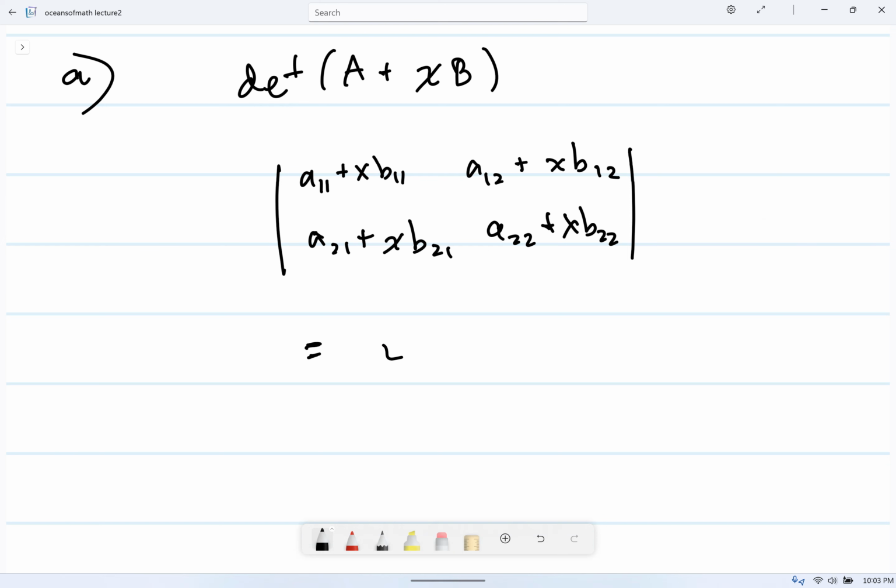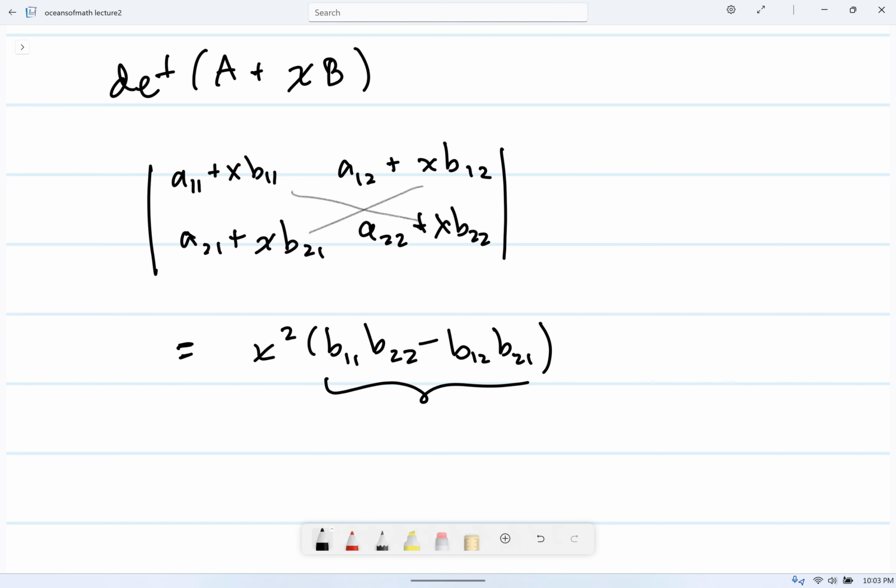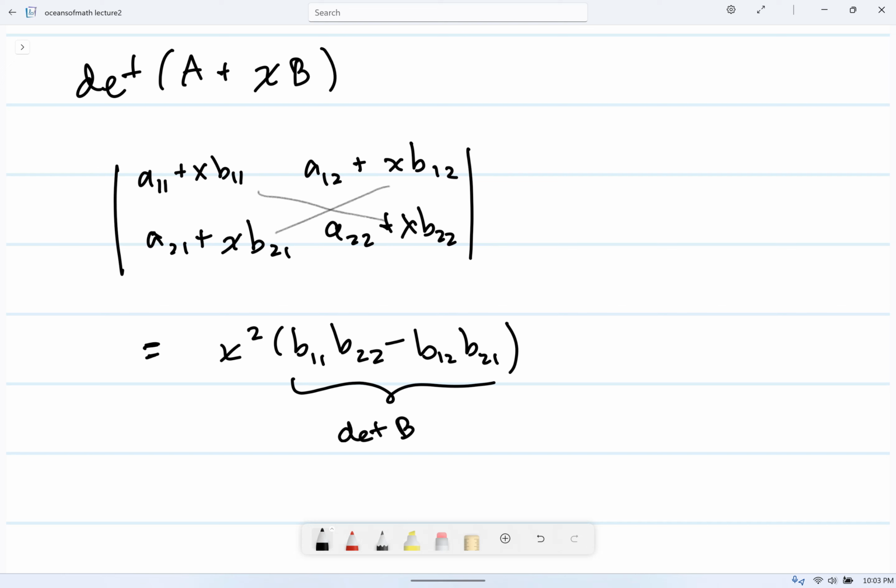All right, so in particular, I'm going to look at the x squared term. In front of the x squared, I'm going to have a B11 B22 from cross multiplication along this diagonal, and then from cross multiplication along the opposite diagonal, I'm going to have a negative B12 B21. And this we recognize to just be the determinant of B. Ignoring the x term, because that's all the cross terms, a bunch of gross coefficients, I'm just going to call this Cx.